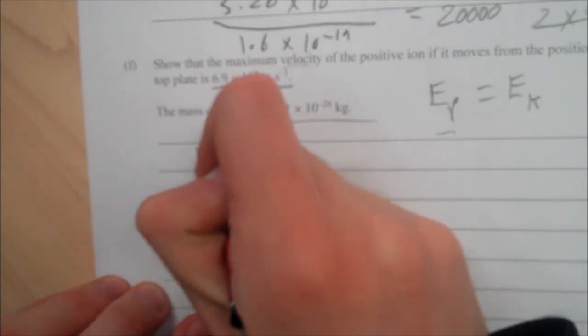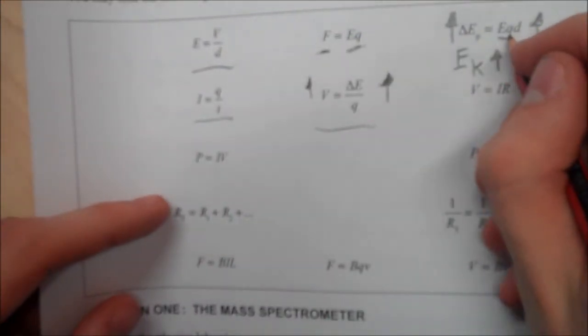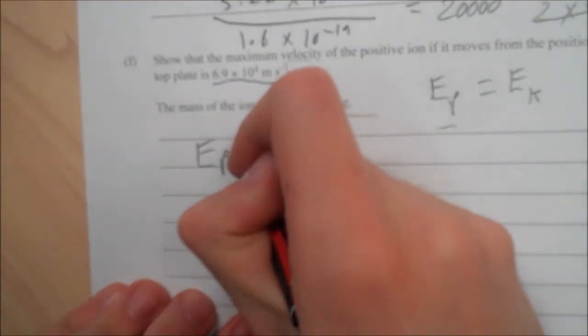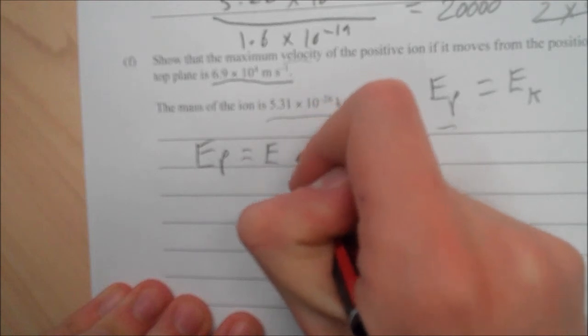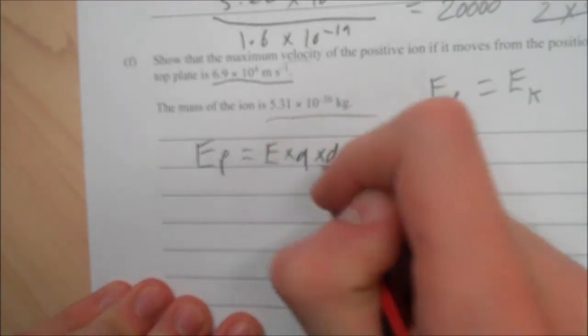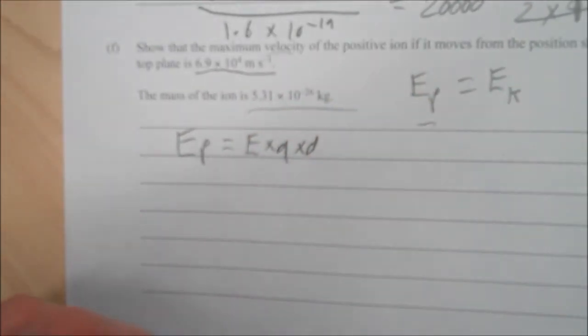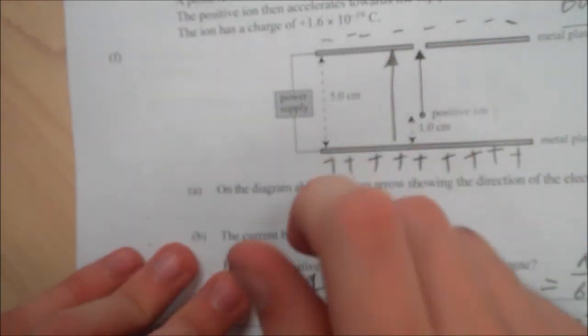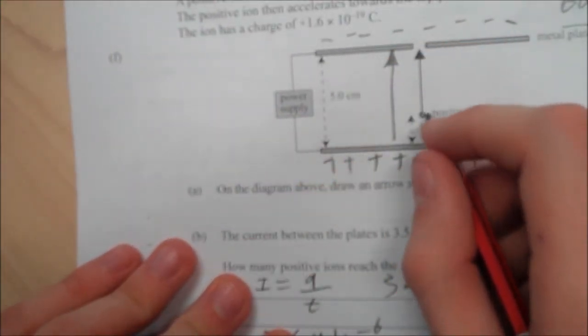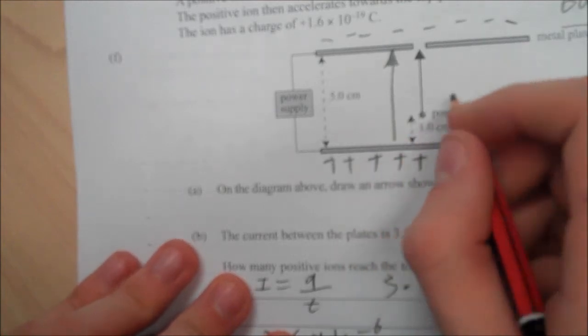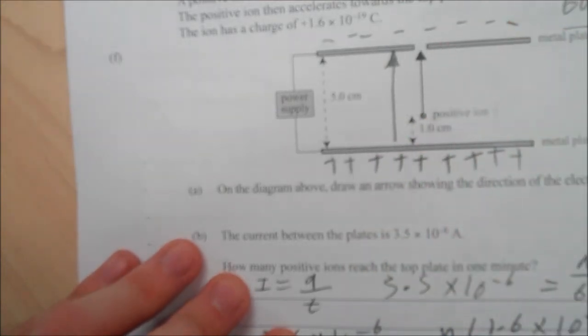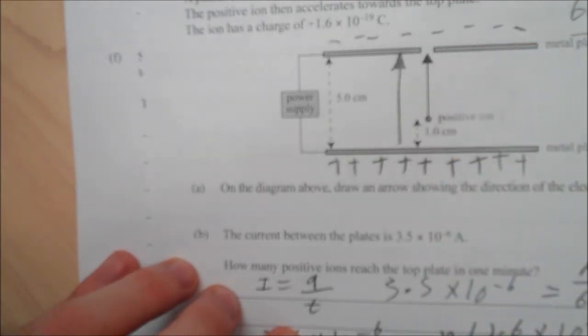So EP, and I'll just remind you again, is equal to E times Q times D. If we have a look here again, the distance between the plates is 5 centimeters, and the positive ion is already 1 centimeter forward, so this is going to be a 4 centimeter distance from the positive ion to the top plate.